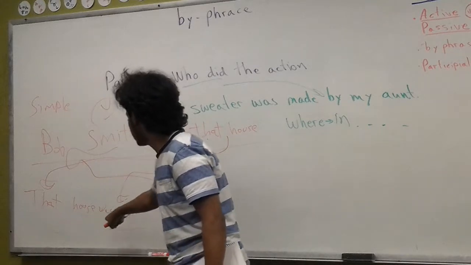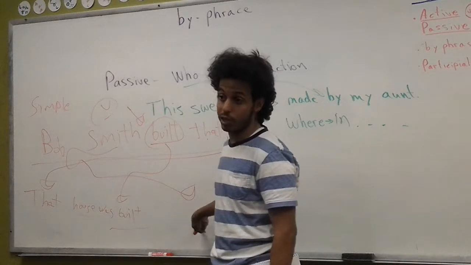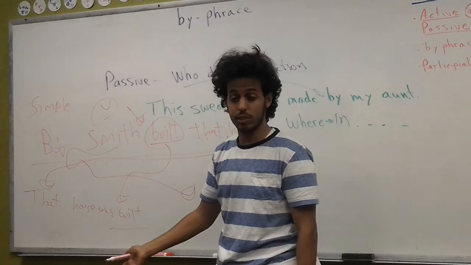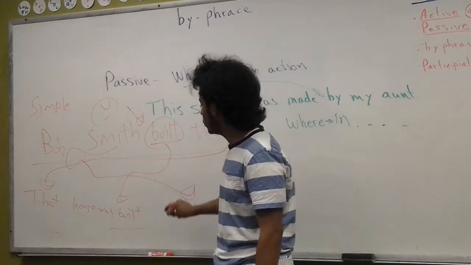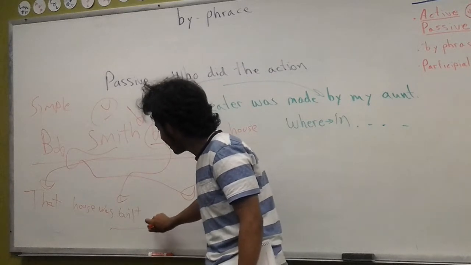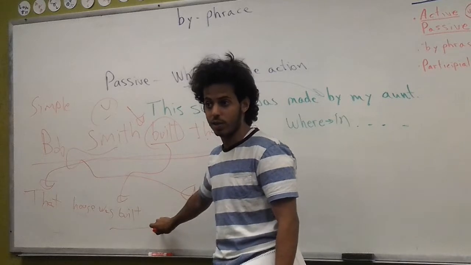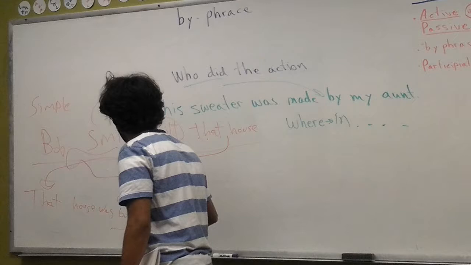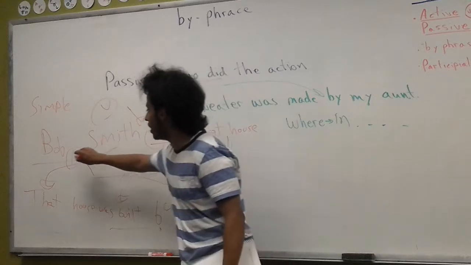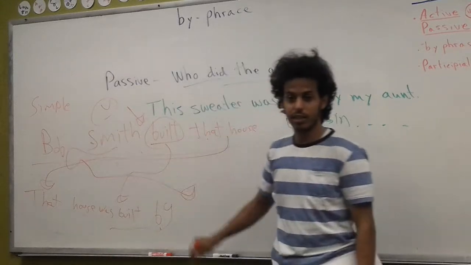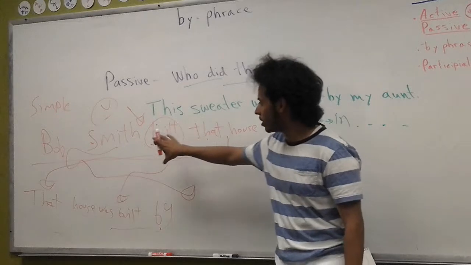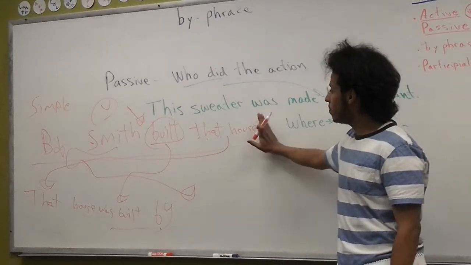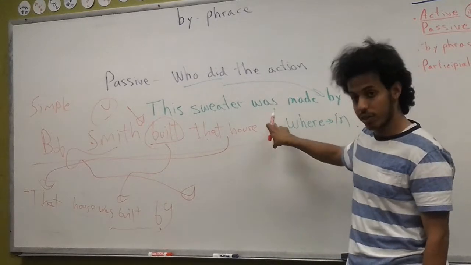That house was built Bob Smith. This doesn't make a sentence. We want just something to help the sentence. And now we write by, and the name Bob Smith. This is the grammar.